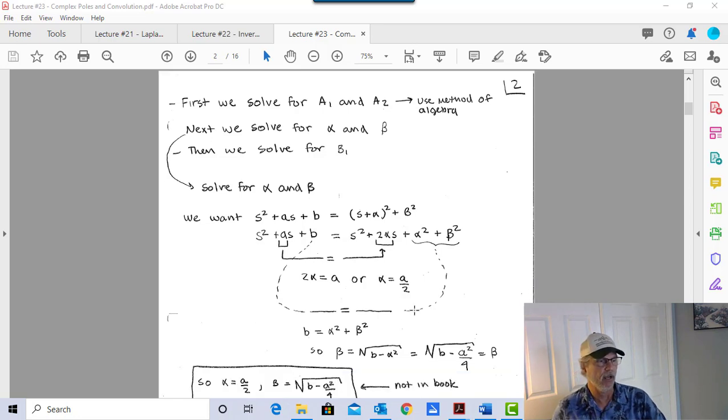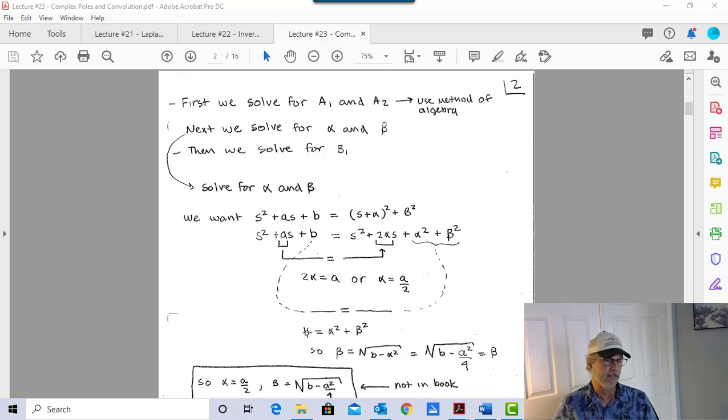So now I'll do the same thing over here with my little dotted line. This is an s squared term, this is an s term, this is an s to the 0 term. I go down here, it has to be equal to alpha squared plus beta squared.